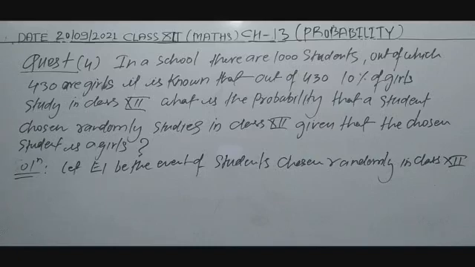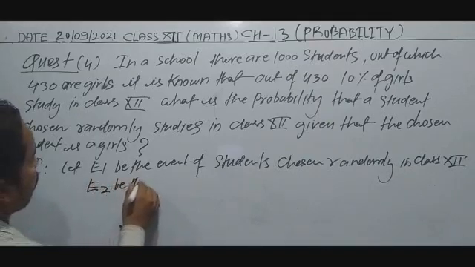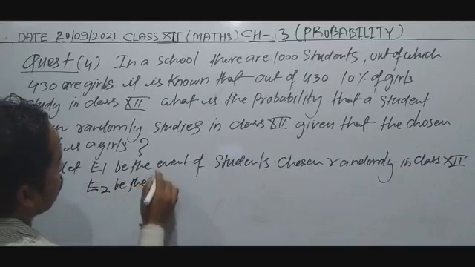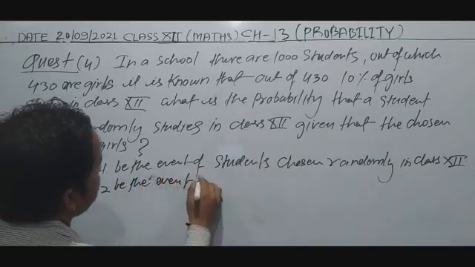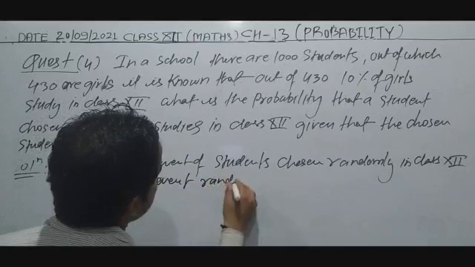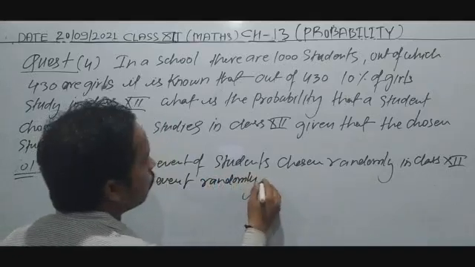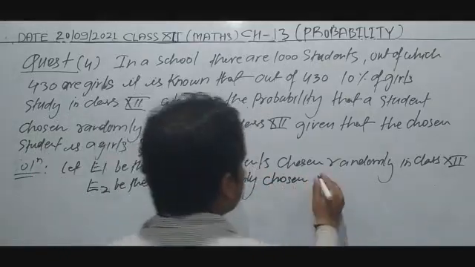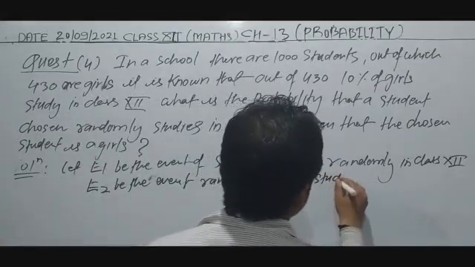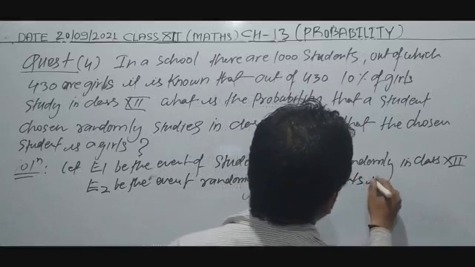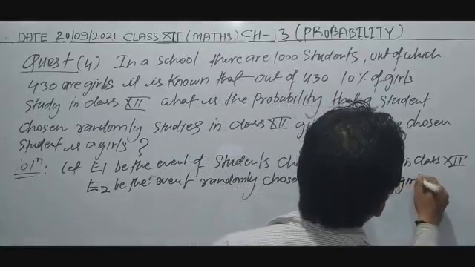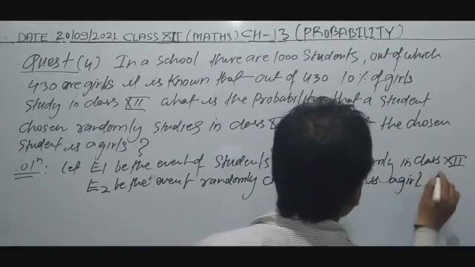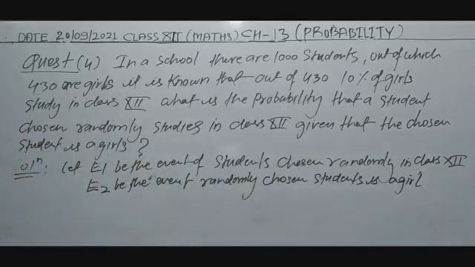E2 is the event that the randomly chosen student is a girl.